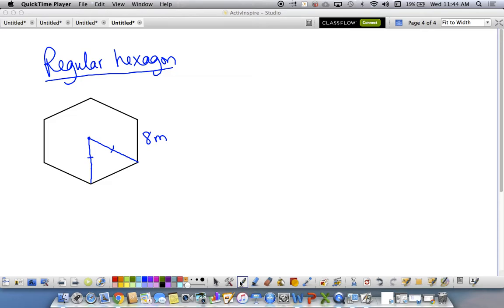So the big question is, if I drew every one of these lines, I'm going to erase them in just a second, how can we find our central angle? Well, if I went all the way around, how many degrees did I go? You're right, 360. And how many central angles do I have? 3, 4, 5, 6. 6 because it should match the number of sides that we have.